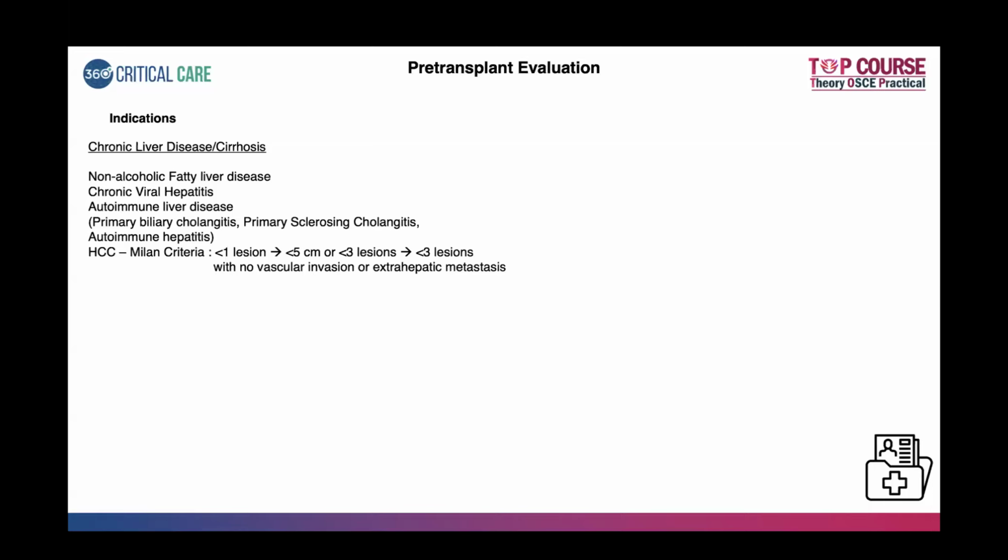It's called Milan criteria, and they say there should be one lesion less than 5 centimeters, or up to 3 lesions, each less than 3 centimeters. Sorry, I have written it as less than 1 centimeter. And there should not be any vascular invasion or extrahepatic metastasis. So, if all these criteria are satisfied, then the patient with HCC can be considered for a transplant.